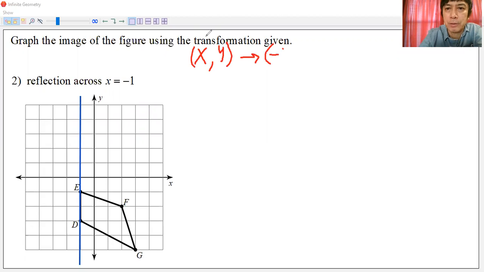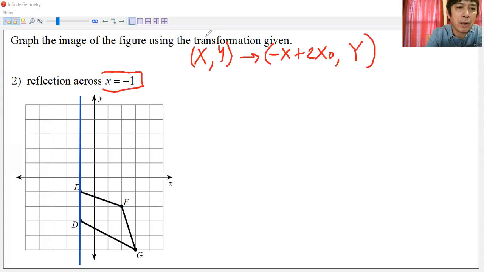So this is -x plus 2 times x of 0, and after the comma is y. Okay, x equals -1 here. This is our x of 0. That's our x of 0, which we'll be using in the computation.